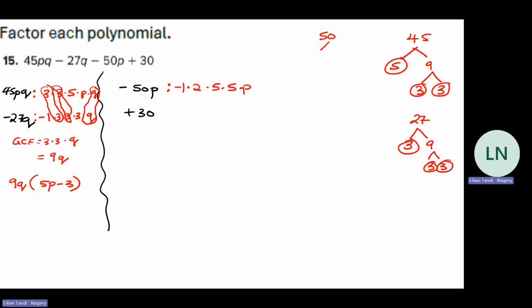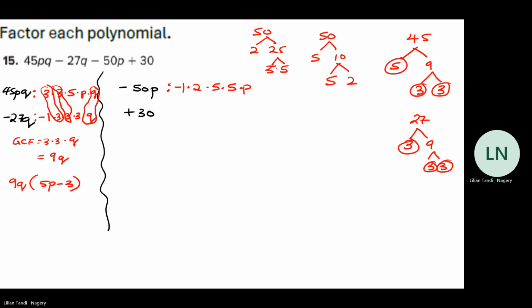Break down 50, 2 times 25. 2 is prime, 25 can be broken down with 5 times 5. Okay? If you forget how to do that, you can do 5 with 10, and then you will get 5 with 2. Either way, you're still going to get the same answer.